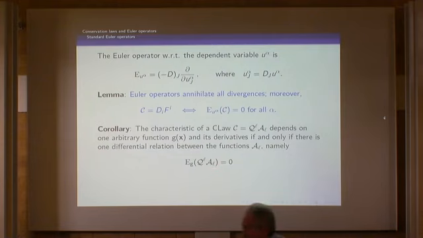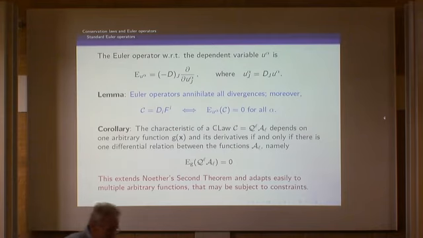Now, this is a generalization of something that Liz Mansfield and I used in a proof of Noether's second theorem that's considerably simpler than the existing proof, and also enabled us to develop a Noether's 1.5 theorem, which covers all the intermediate cases. And here we've got just a little statement that this adapts easily to multiple arbitrary functions, and it also allows us to deal with functions with constraints.